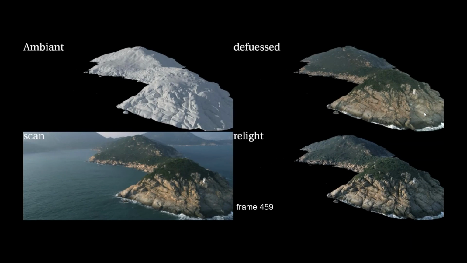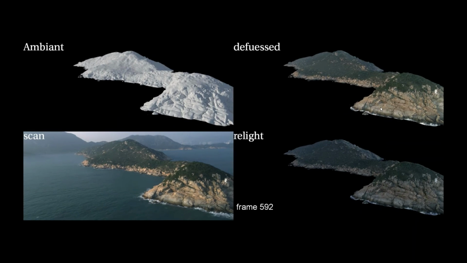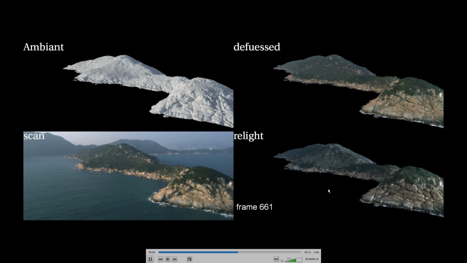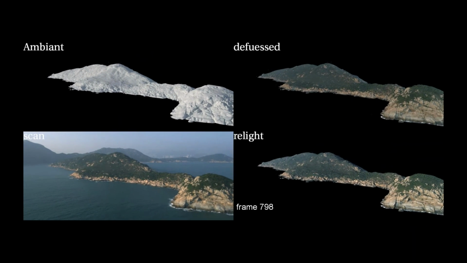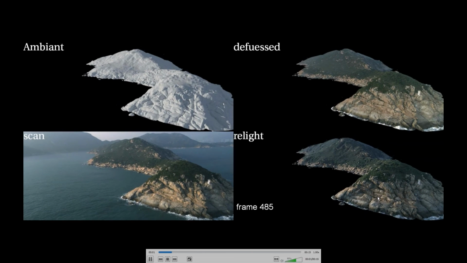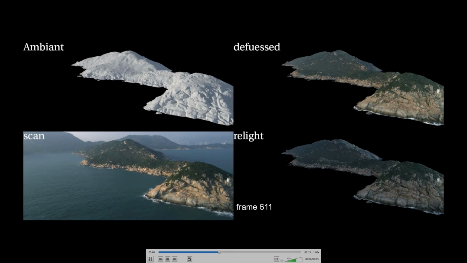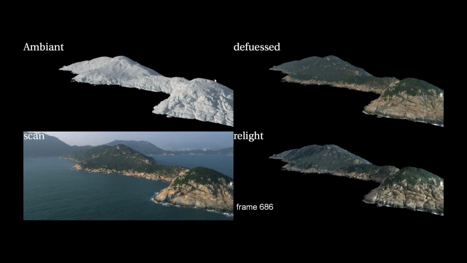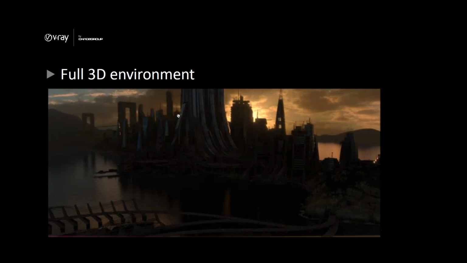This is just the diffuse layer, and here he has used a V-Ray dome light, and he was able to relight the scene, so you can see how the lighting and the shadows are changing. And using these tools, he was able to relight the whole scene and end up with an image like this, like a golden hour shot.